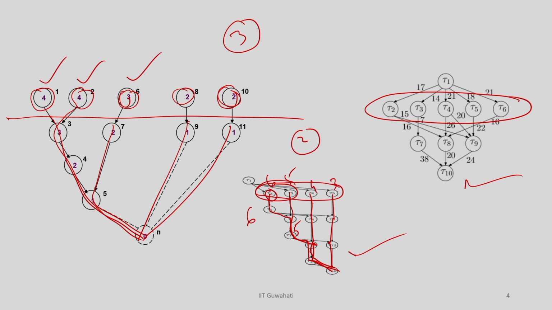But in some cases, for example here, if you have say 5 operations ready to be scheduled in time step 1 and you have say 2 operators, see here for all nodes the distance is 2. There are many paths from this node: 1 path, 2 paths, 1 path from this node, 1 path from this node, 2 paths and so on.